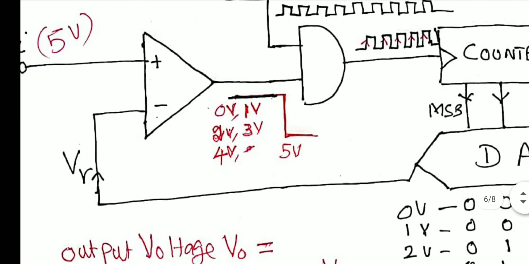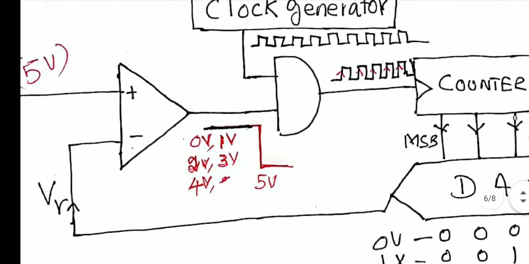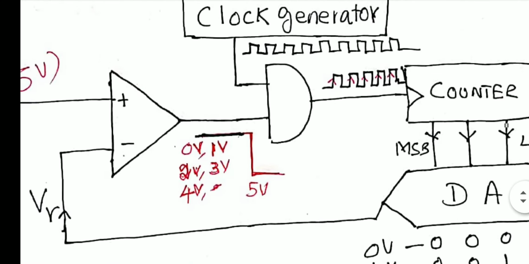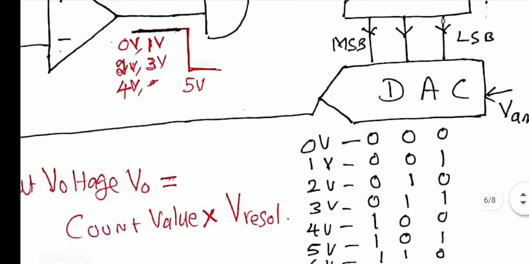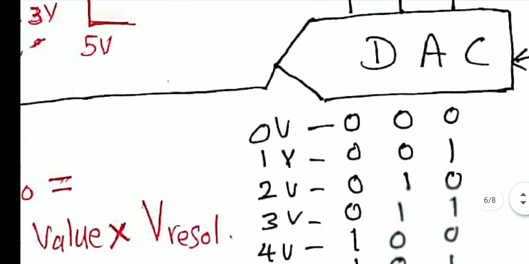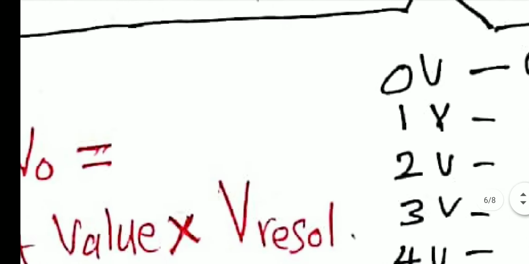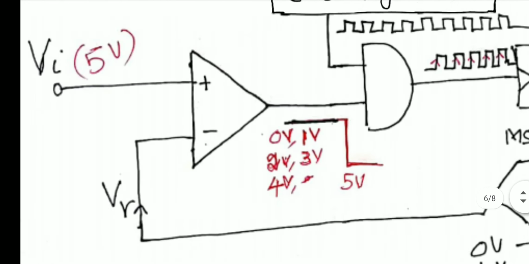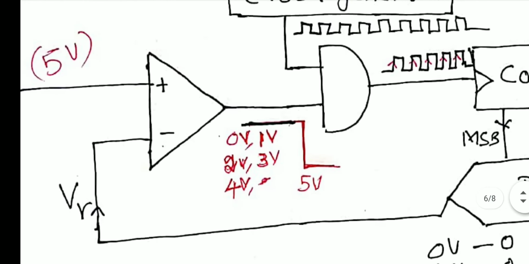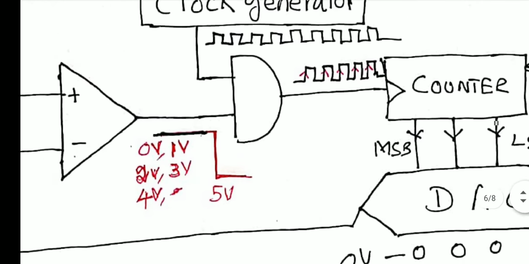Now 5 volt is compared with 2 volt. The comparator output is again high, the gate is open, and the next pulse comes to the counter. The count value becomes 0 1 1, so the DAC output will be 3 volt. Now 5 volt is compared with 3 volt by the comparator. The comparator output is high, the gate is open, and the next pulse is given to the counter.